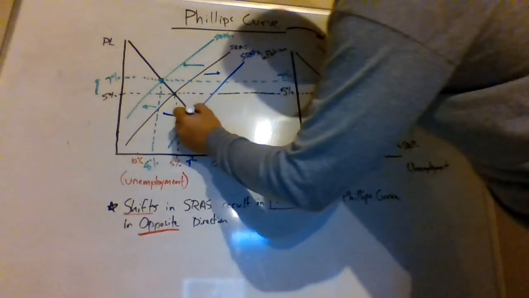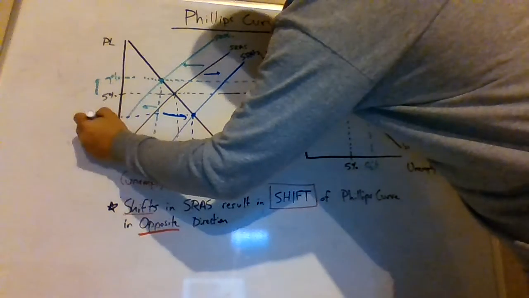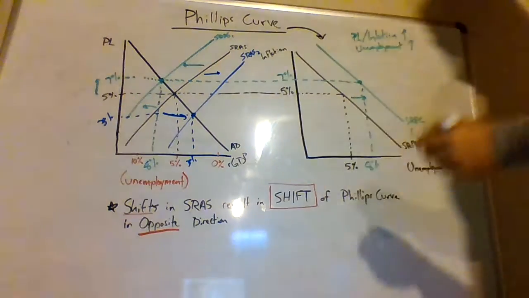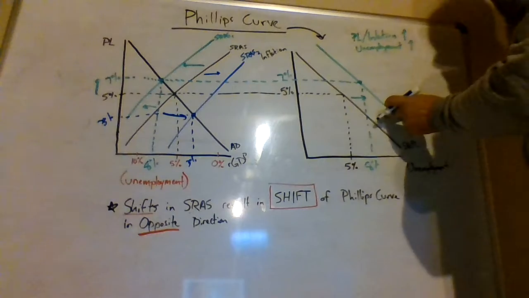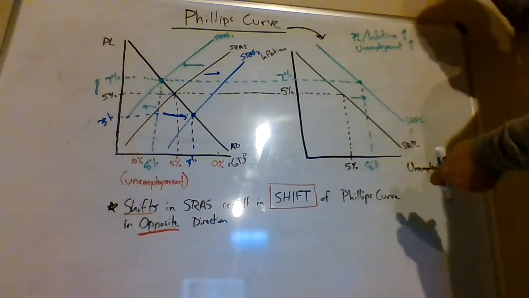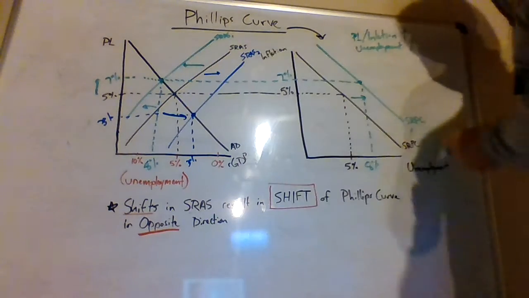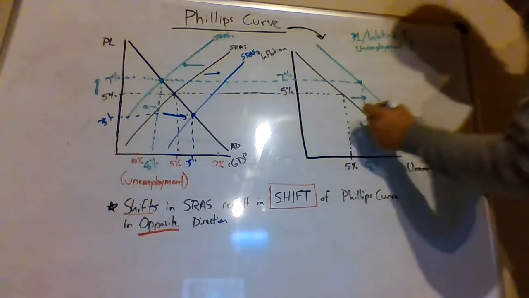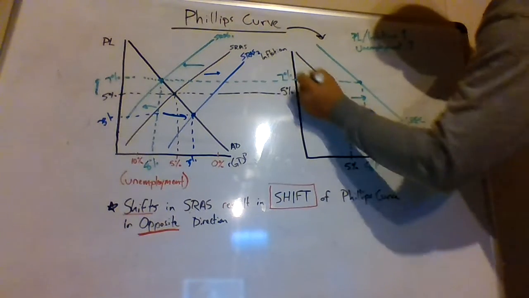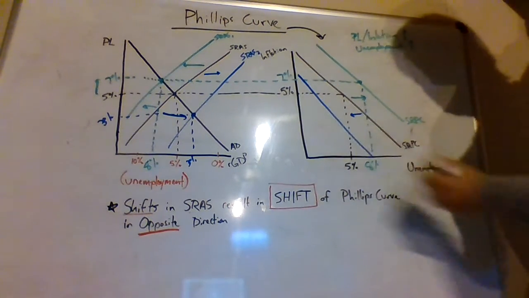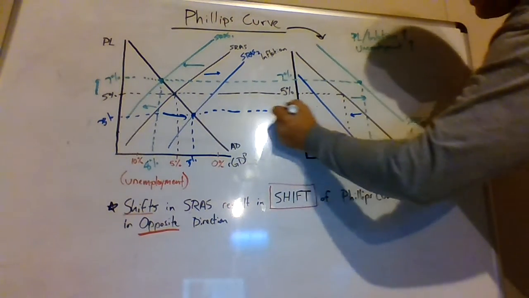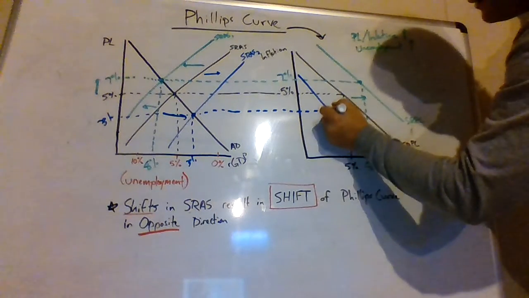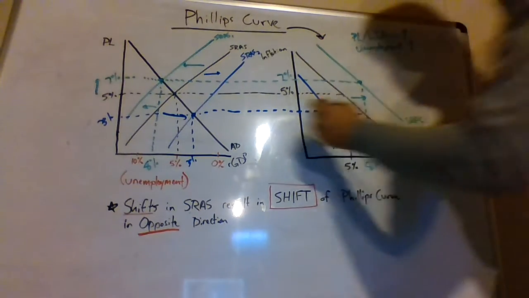Okay, we've got a new inflation rate. Let's call that 3%. Well, again, we're still in this same boat over here, we can't get this to match up. And so if we shift our short run aggregate supply to the right, we've got to shift our Phillips curve to the left. And now our information is going to make sense.